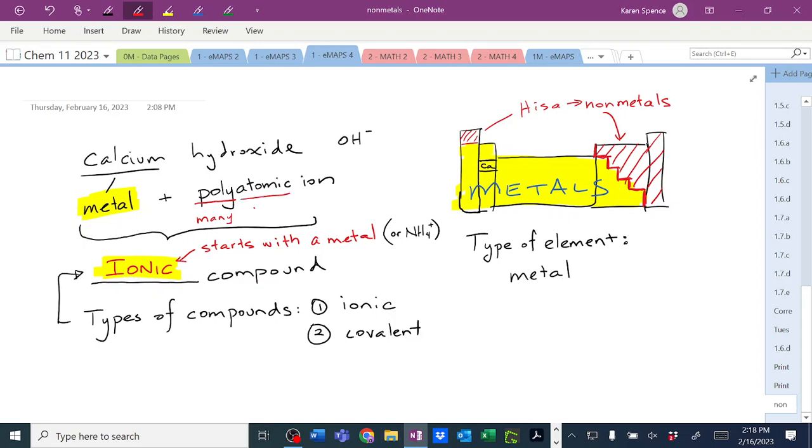Atomic obviously means atoms. So as long as you have two or more atoms joined together, you have a polyatomic ion. In this case, you have an oxygen and a hydrogen stuck together to make a little polyatomic ion, hydroxide.